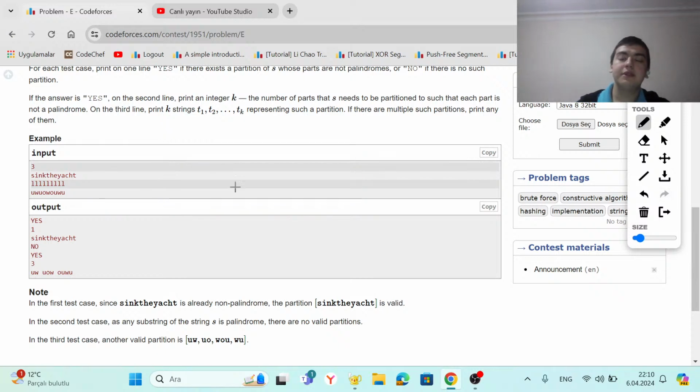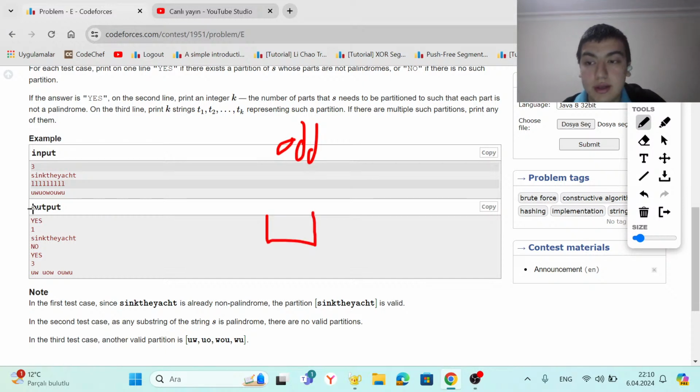Otherwise, if the length is odd, we can find a smaller odd palindrome and partition it from there.